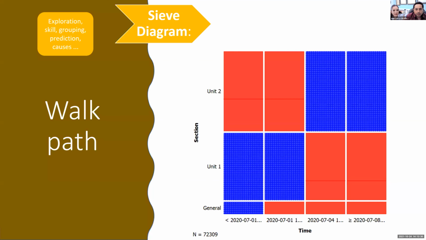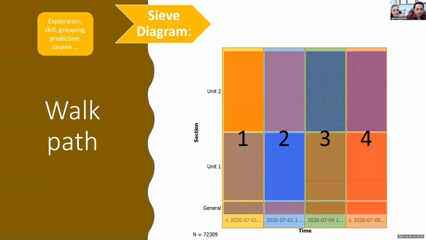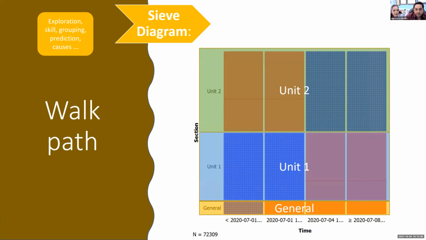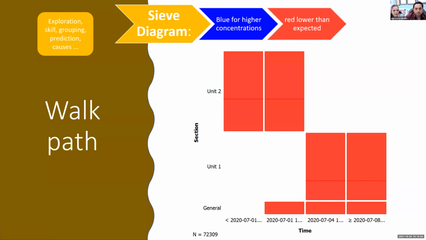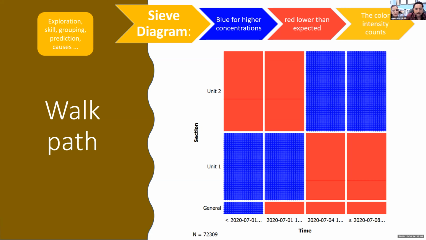CF diagrams horizontally divide the records into 4 equal groups, in this case based on date and time of each interaction, and vertically according to the possible values of selected variables. The blue colors indicate more data than expected, and the red, the opposite, that is the absence of data. A more intense color indicates a greater difference.